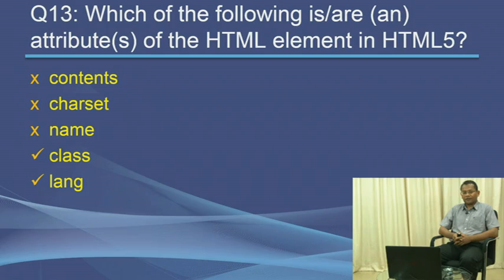Charset is also a meta tag, and name is actually not given to an HTML element. But if you look at class or language, they are defined in HTML. So class and language are attributes of an HTML element, but not contents, charset or name, because they are more or less meta tags or included in other elements and not HTML5.